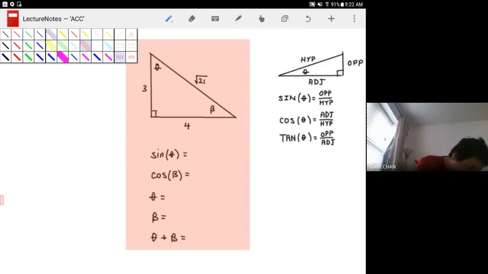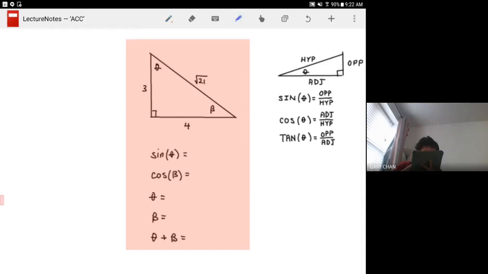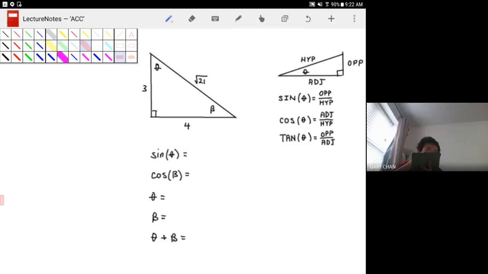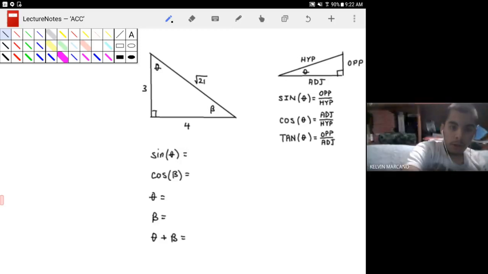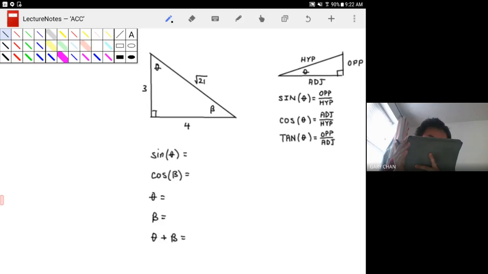Awesome. So let's take a look at this example now. Kelvin, can you tell me what sine of theta is going to equal in this case? Opposite over hypotenuse. That's right. Which side will be opposite in this case? Theta is over here, right?